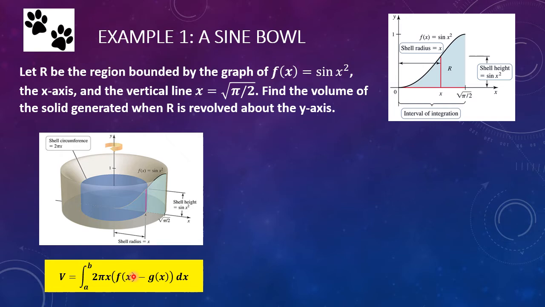That's pretty straightforward, okay? But this is going to be a cylindrical bowl, where the interior curves of the sides of the bowl are that of the sine function. So if we set this up, 2 pi x times f of x, which is just sine of x squared, and we're going from x equals 0 to x equals the square root of pi over 2.